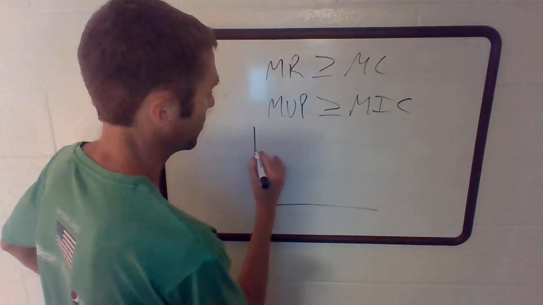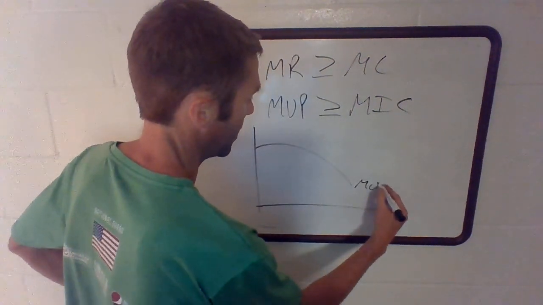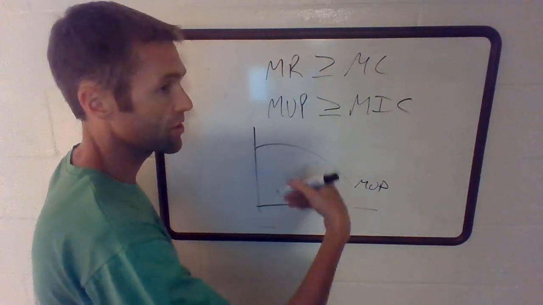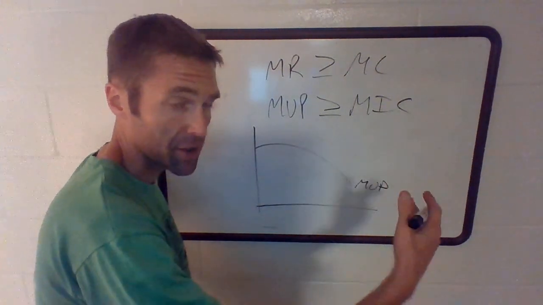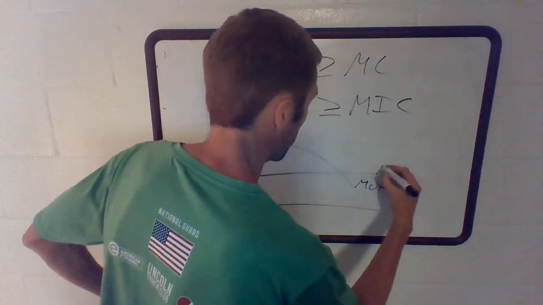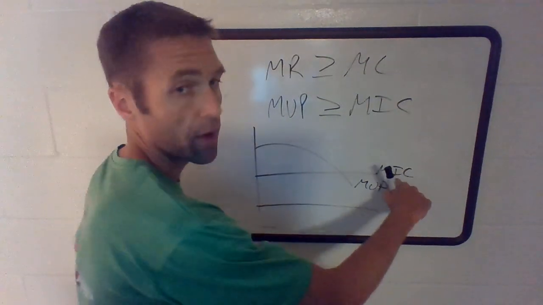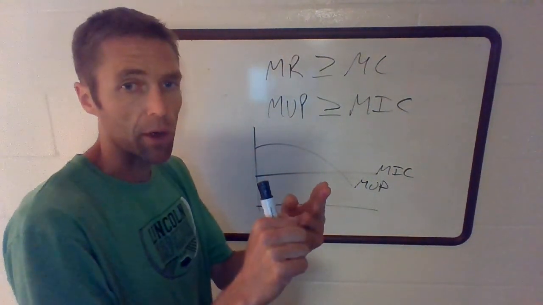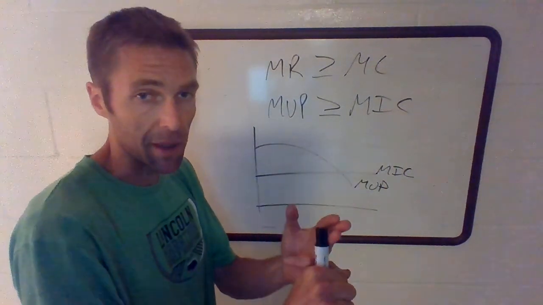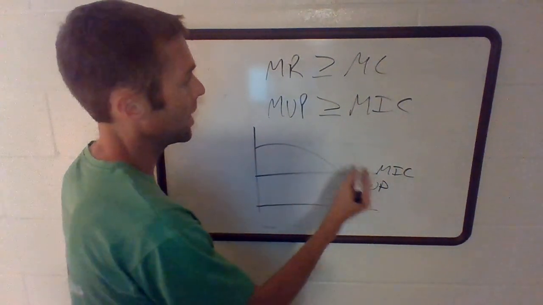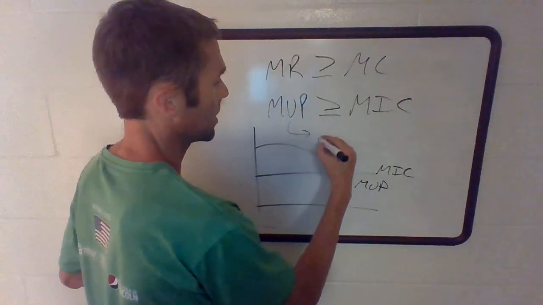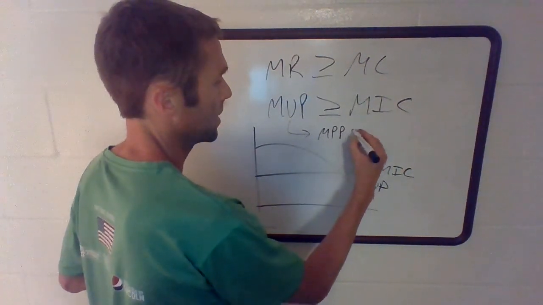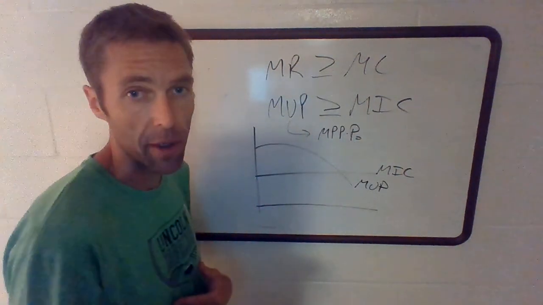The marginal value product, MVP, is the additional value of more production because I'm using more of an input. The marginal input cost could be fertilizer, or irrigation, or labor. And the marginal value product is simply equal to the marginal physical product times the price of the output.